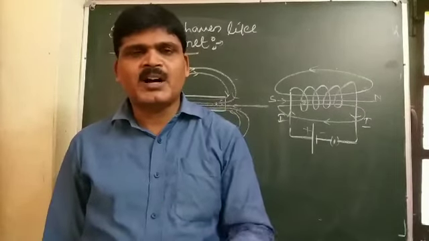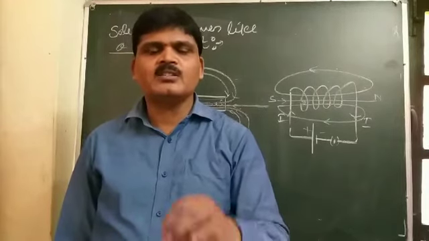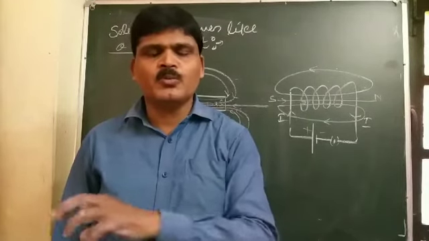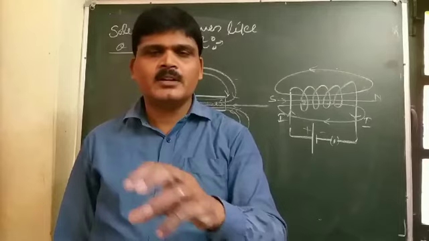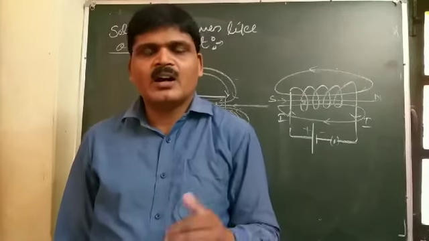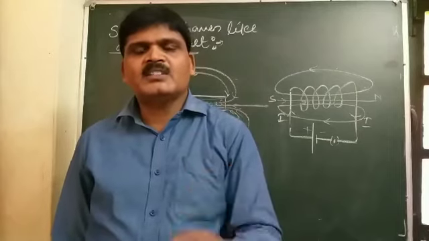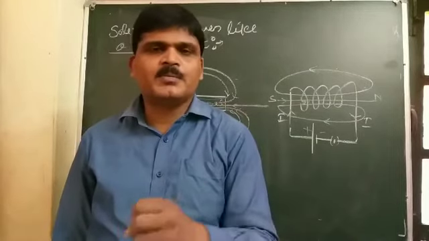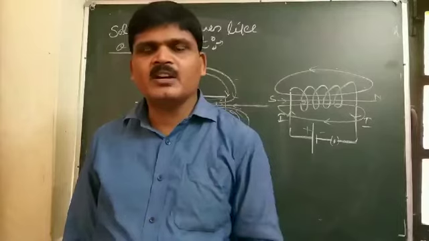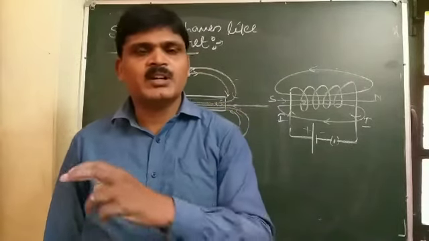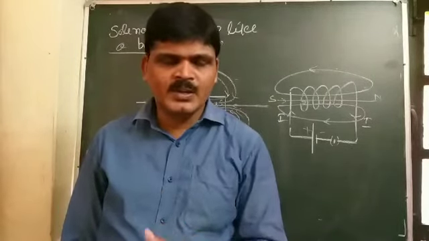A magnetic field line is a path along which a unit north pole would tend to move if it were free to do so. Or, another way, if you draw a tangent at any point on a magnetic field line, it gives the direction of the magnetic field.